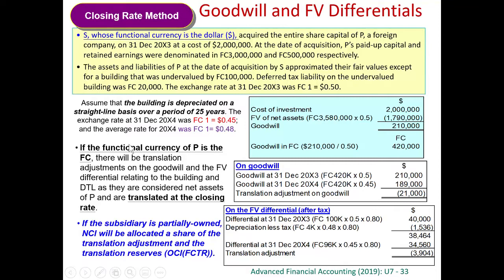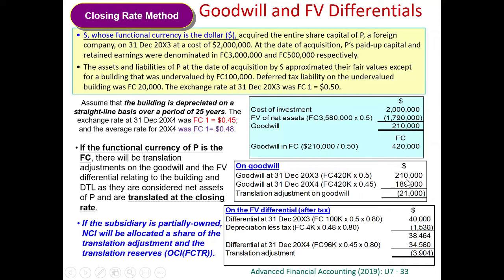For translation from functional currency to presentation currency, the closing rate method applies. If we use the closing rate method, all assets and liabilities should be translated at the closing rate. At the day of acquisition, 420,000 FC should be translated using 0.5.